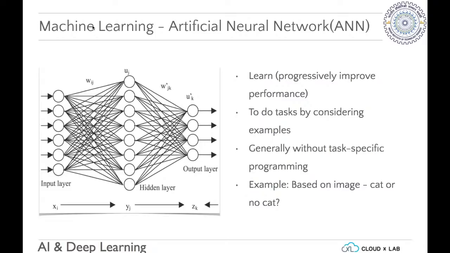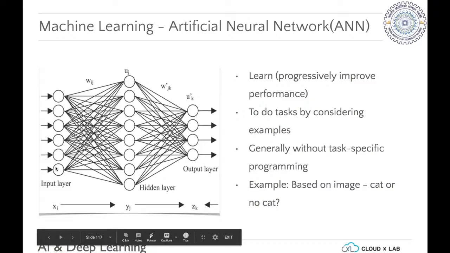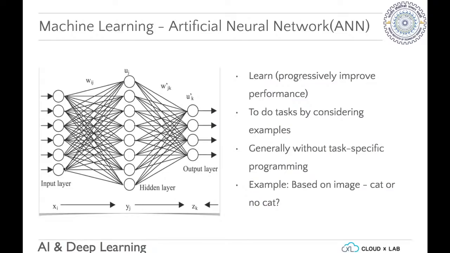Now, the same model could be something called an artificial neural network. So the way these machines are learning is the way neurons are learning. Neurons in your brain are basically like this. They have inputs. Imagine that this is a neuron.